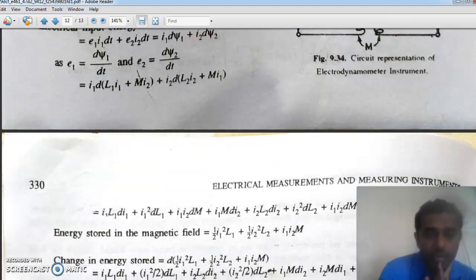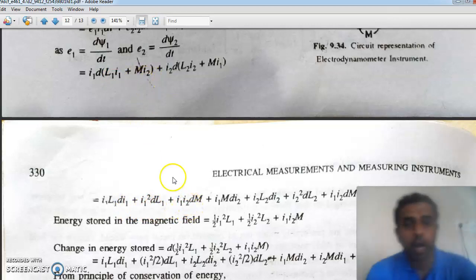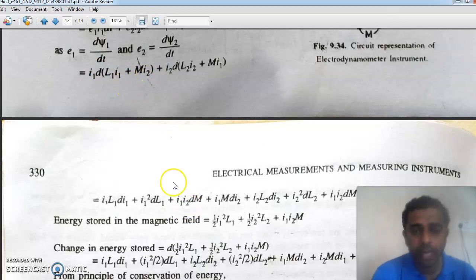Likewise, here we have I1 L1 dI1 plus I1 square dL1, plus another term coming here, the product I1 I2 dM plus I1 M dI2, because these are the two terms we are differentiating. Likewise, this expression can also be elaborated by differentiation.